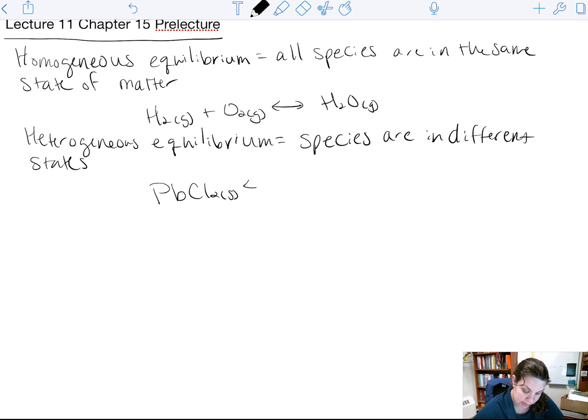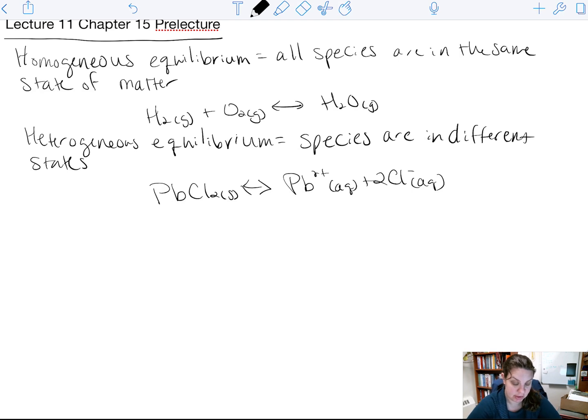PbCl2 solid going to Pb2+ aqueous plus 2Cl- aqueous. So we've got a solid and two aqueous species, so this would be considered a heterogeneous mixture.